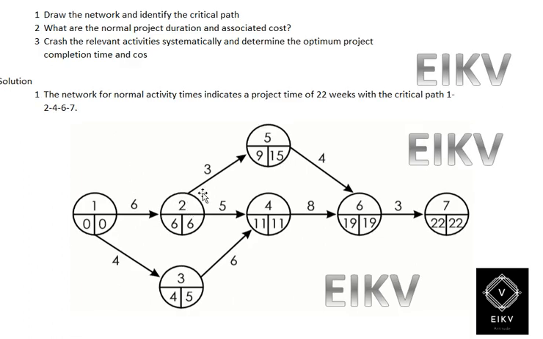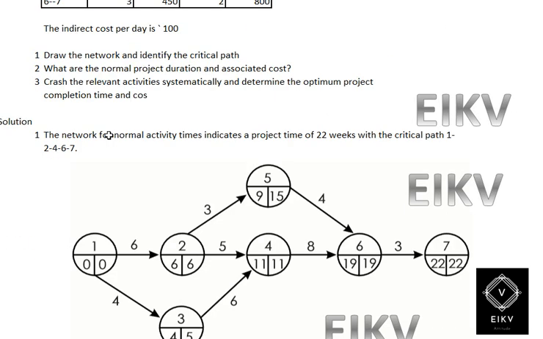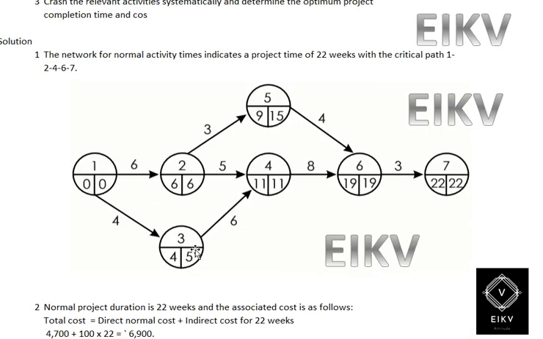So 2 to 4 it's 5 and 2 to 5 it's 3. Okay, after that 3 to 4 and 4 to 6, 3 to 4 it's 6 and then 4 to 6 it's 8.